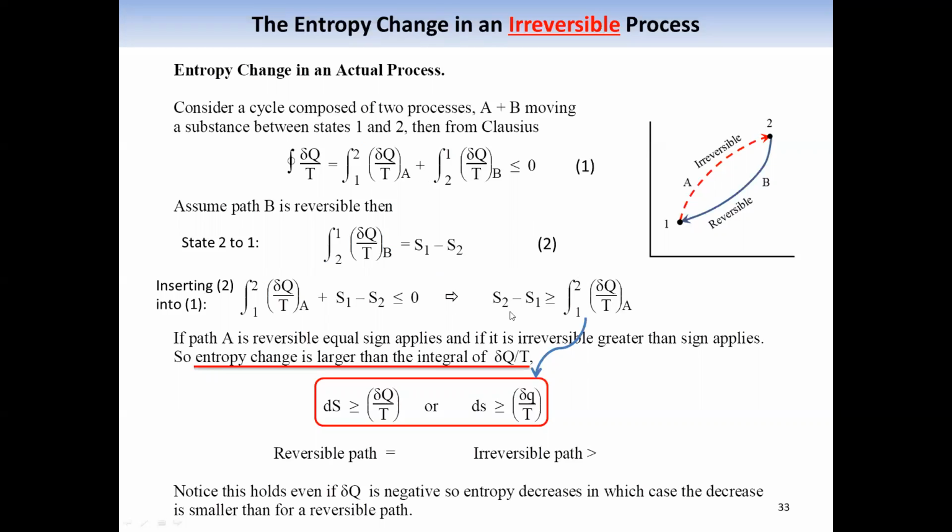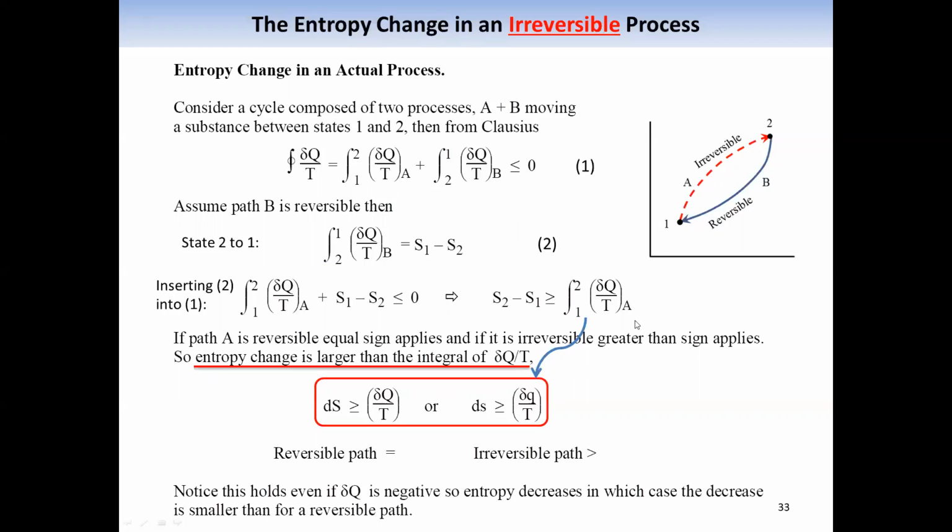The physical meaning of this equation is that the entropy change from state 1 to state 2 for an irreversible process is greater than or equal to the integral of dq over T. For the reversible case, the equal sign prevails, and the greater sign applies to the irreversible process.